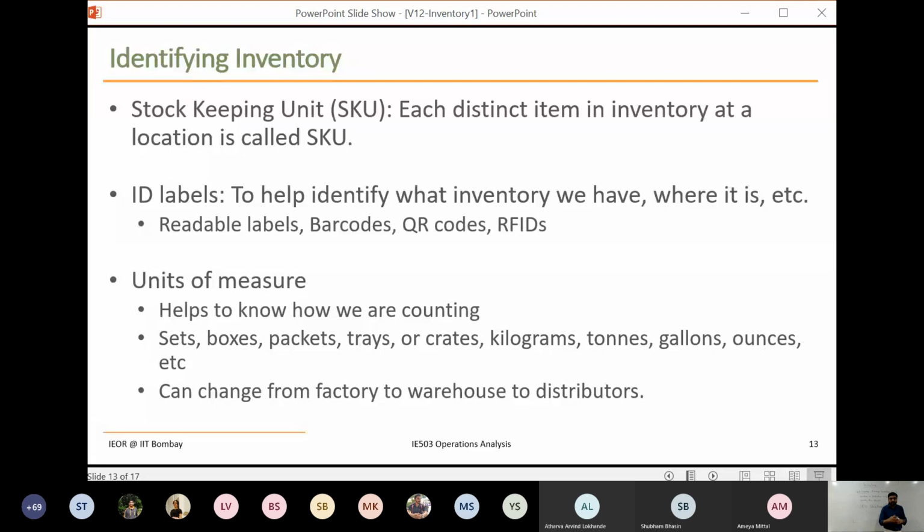Whether they do it in sets, boxes, packets, trays, crates, kilograms, tons, gallons, ounces, that has to be clear. Many times it's a very common problem where miscommunication is very easy to occur. So that is one thing which has to be clear up front. There are many problems at the day-to-day level, what they call operational problems at a warehouse, which a warehouse manager is expected to look at.